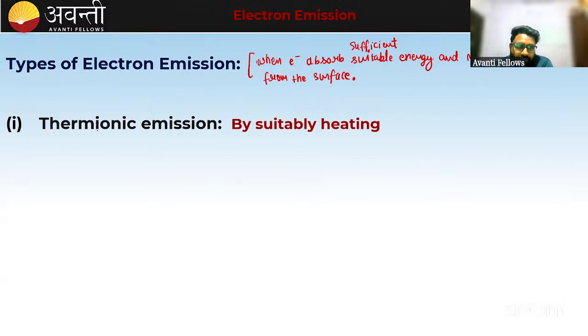No. The way is thermionic emission also. Thermionic emission means देखो इसमें therm आ रहा है, thermal. Thermal means heat. So if you heat the surface of a metal, then also the emission can happen. And you have seen that. Okay.